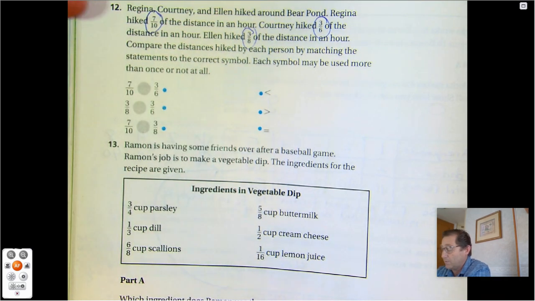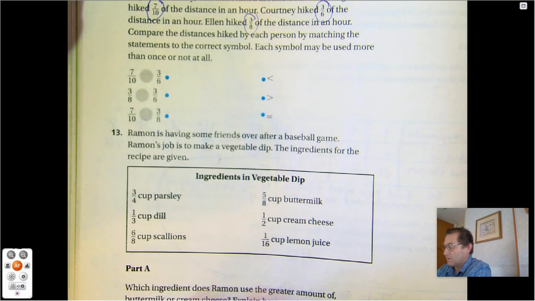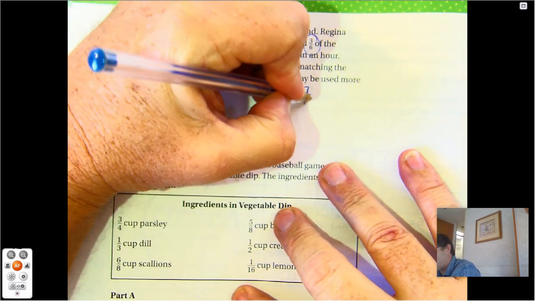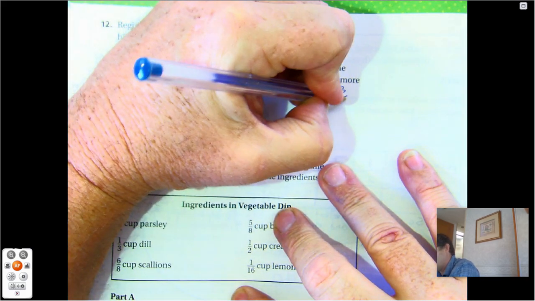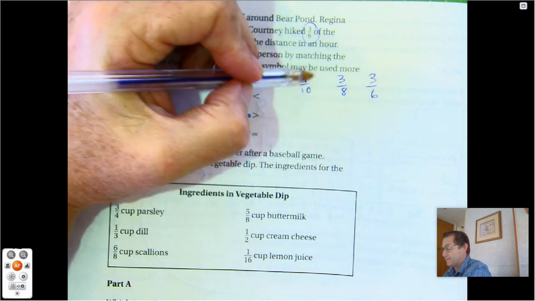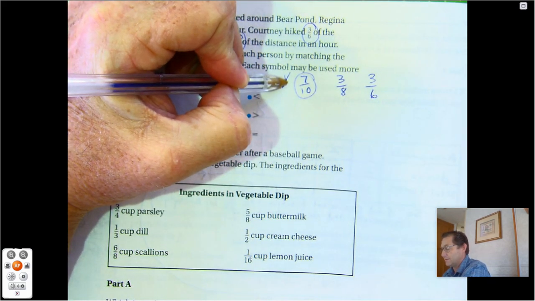So if I was comparing these 3 numbers to a half, this one is greater than a half.